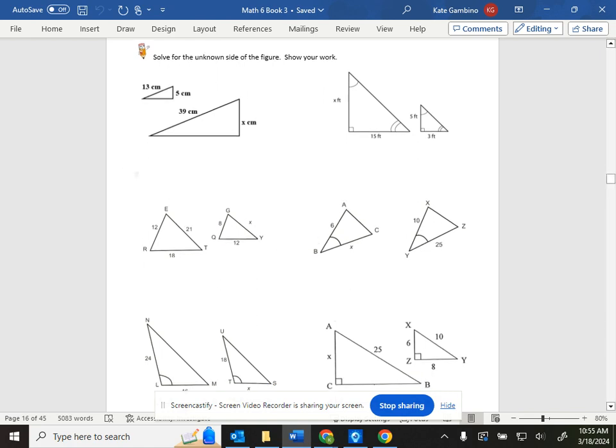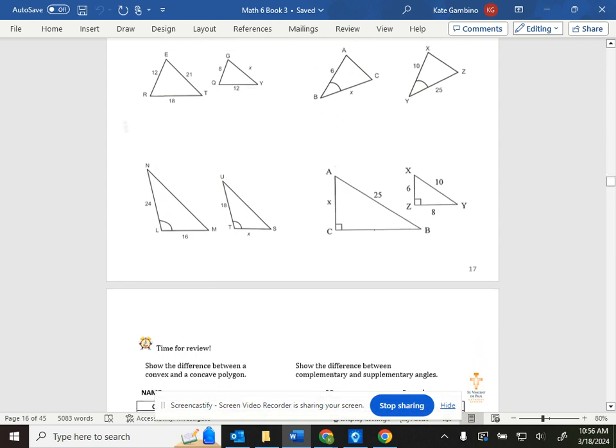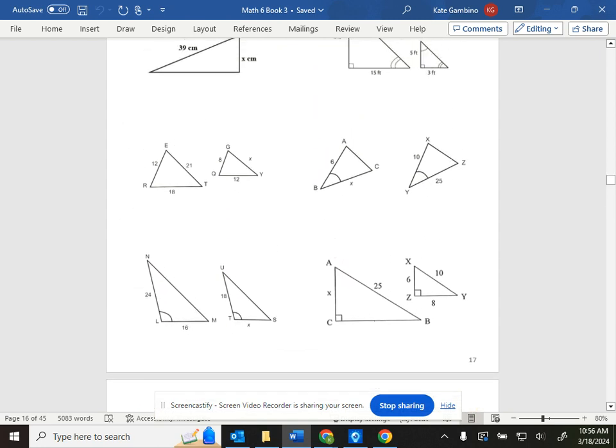Here are a couple of ones I want to point out. If we look at the one in the middle, I see my question mark. I'm going to line them up. Does it matter which sides I line up? Wait until the lesson's done.